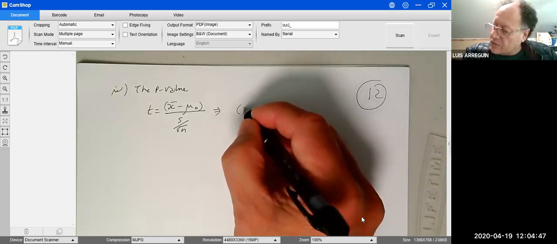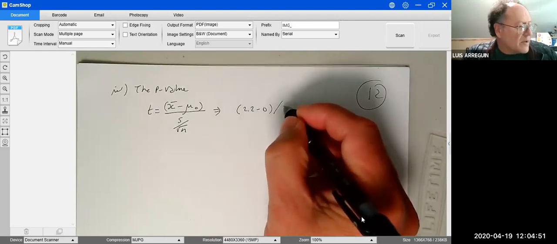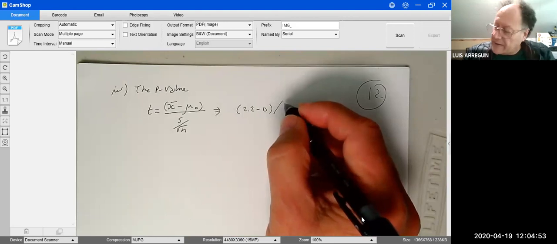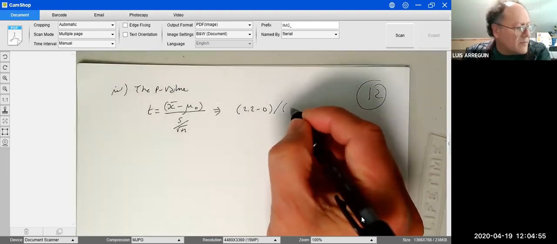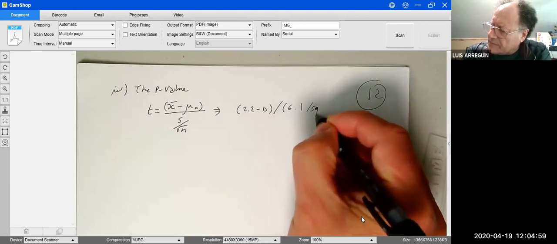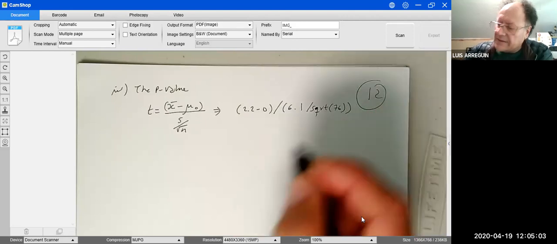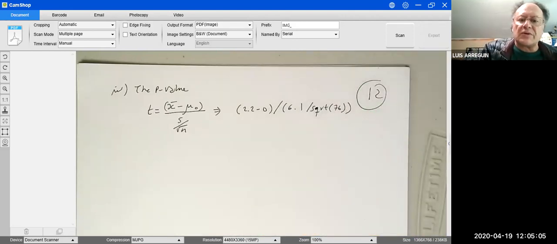So it's 2.2 minus 0. I'm going to repeat the computation, but this time I'm going to use R instead of my calculator, just for you to see that it's the same thing. So we're going to get 6.1 over the square root of n, which is 76. So let's do these computations.